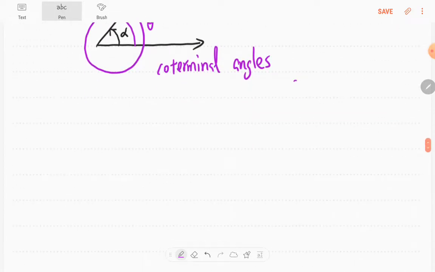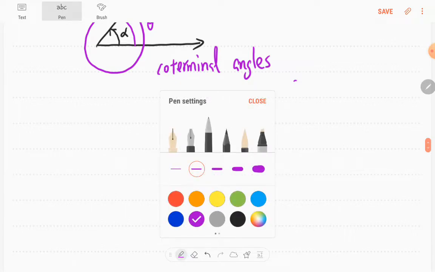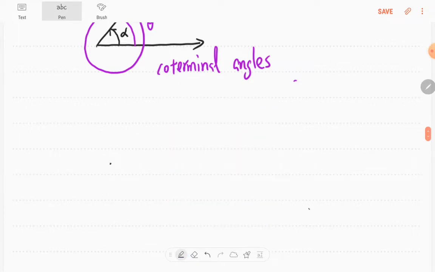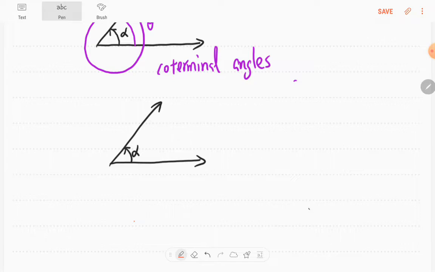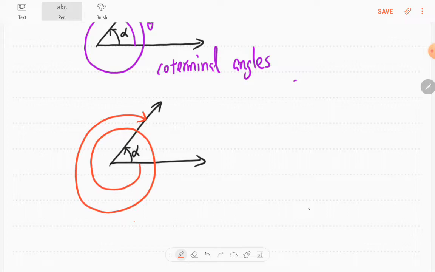If this is alpha, and let's rotate the initial side clockwise. The red angle has the same initial side and the same terminal side.